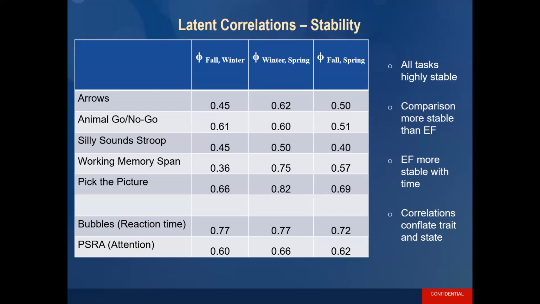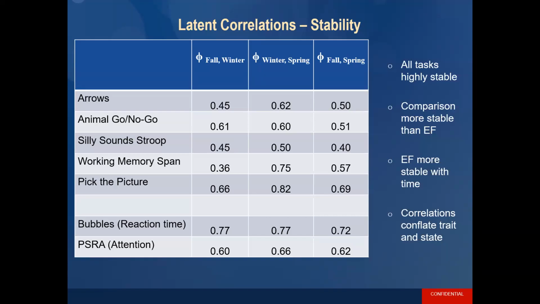In general, if you did better on arrows in the fall, you're going to do better on arrows in the winter and better in the spring. And if you look at the first column or the second column, you'll see that these things are really becoming more stable between the winter and the spring.